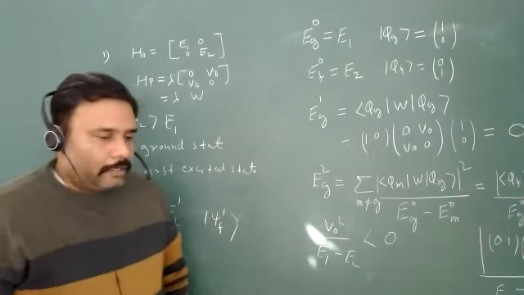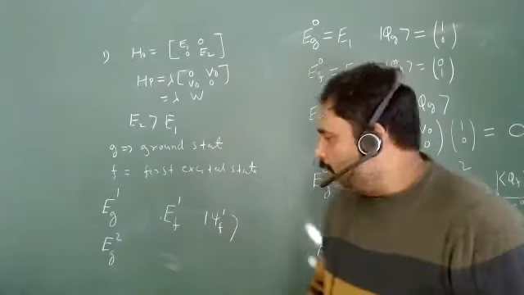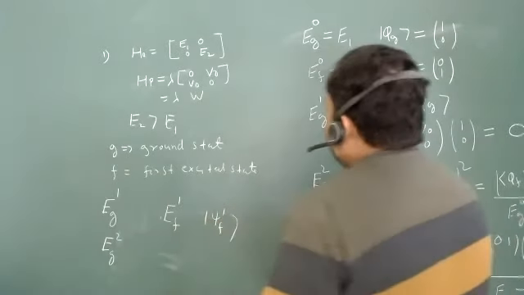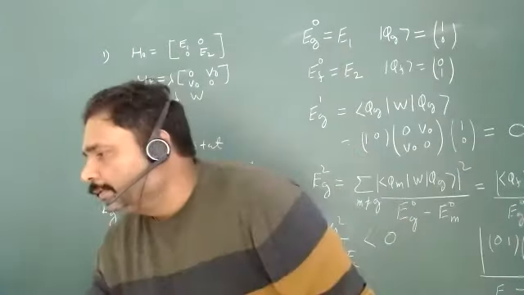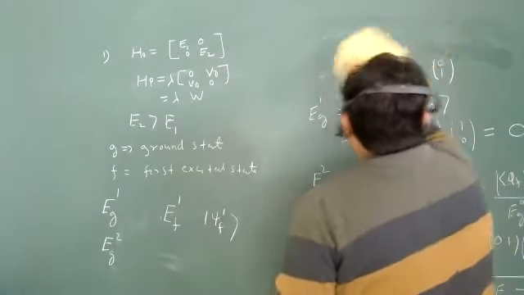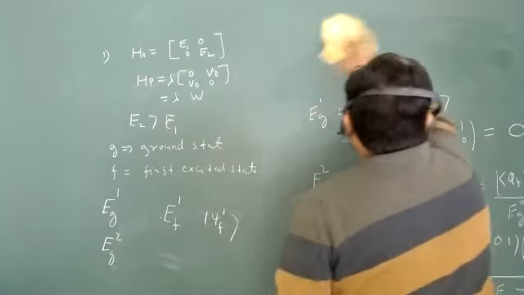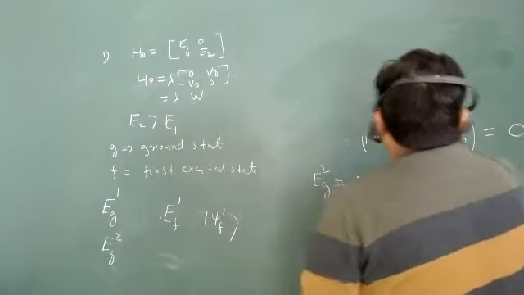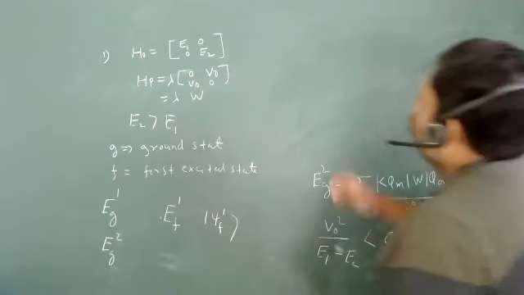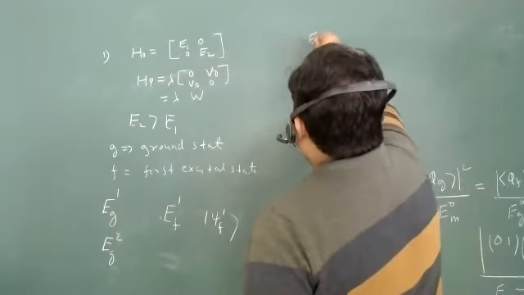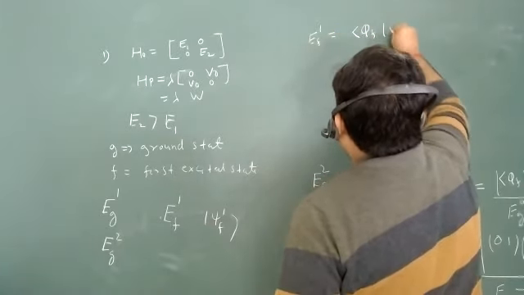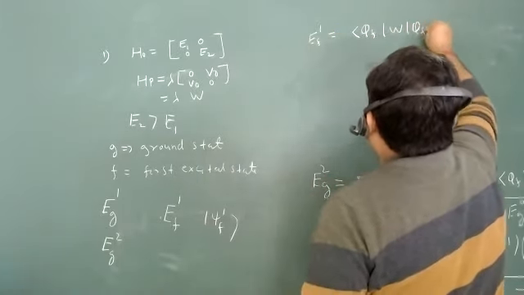Okay, now let us go for this particular thing, EF1. How will you calculate EF1? It will take time. Whatever problem comes, you will have to put in a little time. So let's go for EF1. What is EF1? You will go for phi f W phi f.